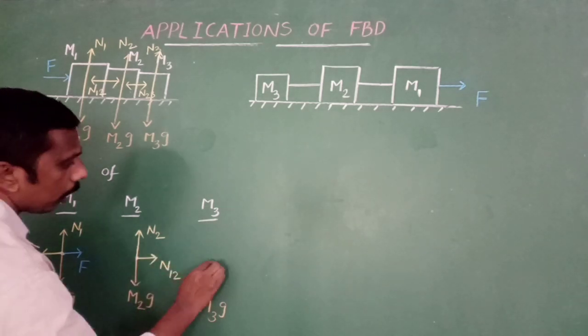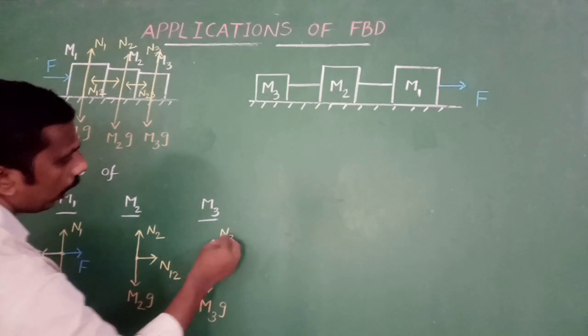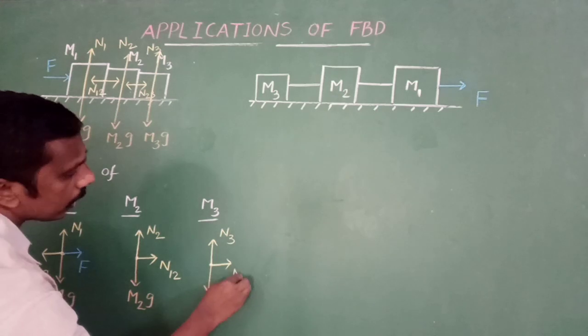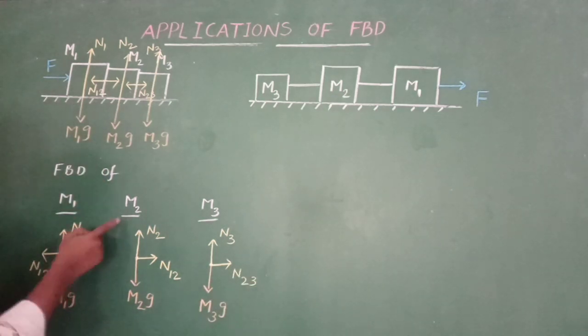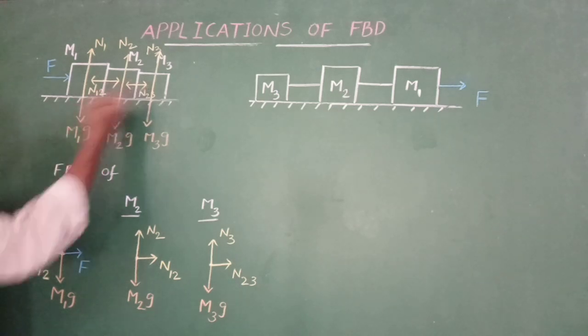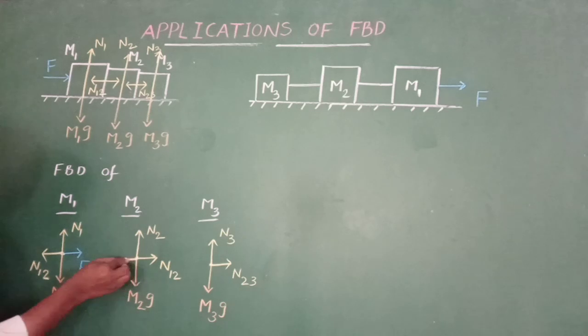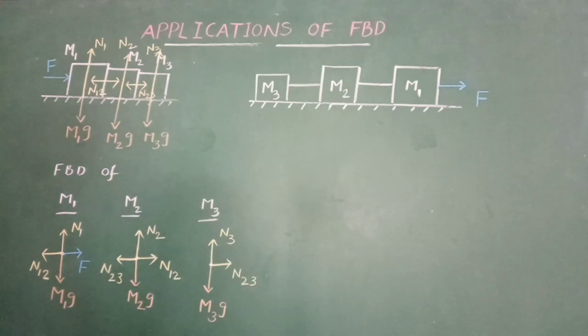The upward normal reaction is taken as N3, and the normal reaction between 2 and 3 acts in this direction. Now if you observe, on M2 one more normal reaction acts, because of M3. That normal reaction acts in this direction, that is N23. So these are the forces acting on the three blocks.